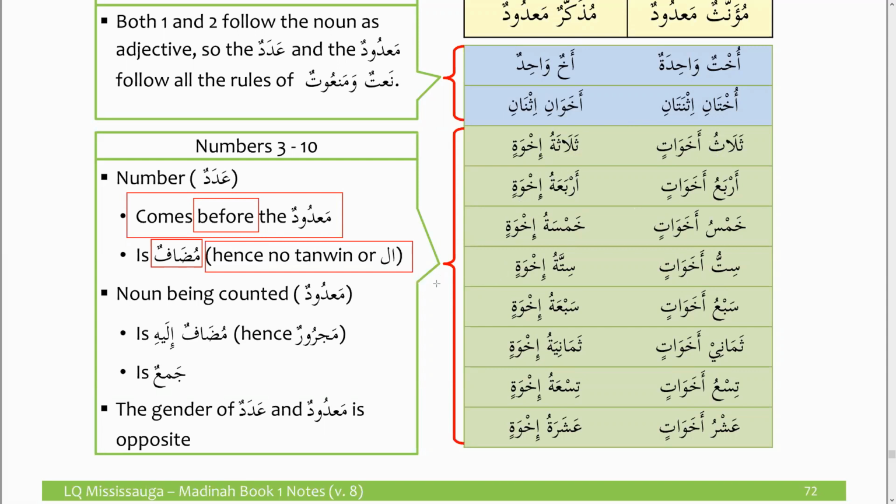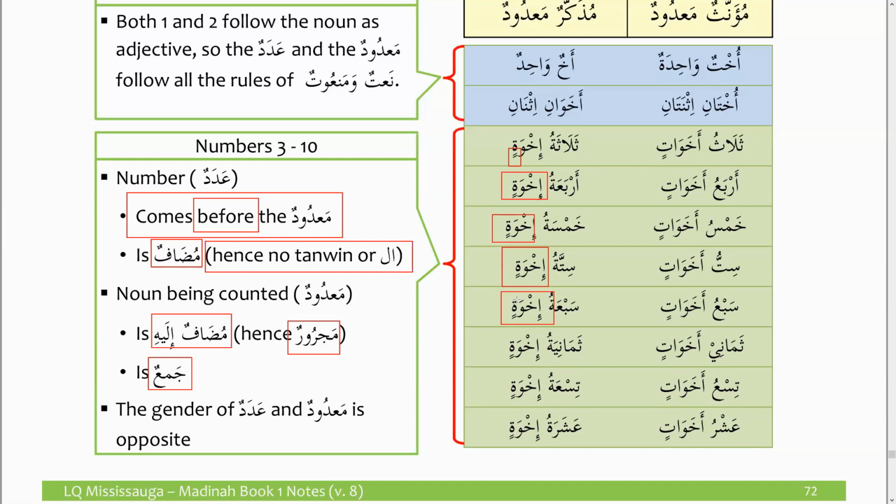Then the next important thing is the ma'dud. What happens to the ma'dud? The ma'dud is mudaf ilayhi, hence majrur, and all mudaf ilayhis are majrur. So majrur: ikhwatin, with a kasra. And we should use the plurals. The ma'dud, the mudaf ilayhi, is plural.